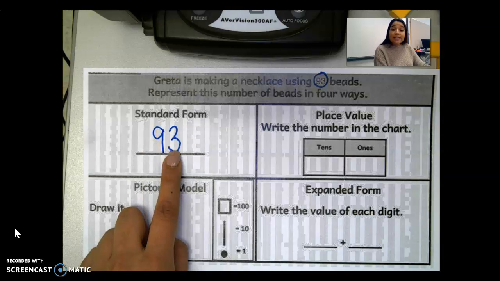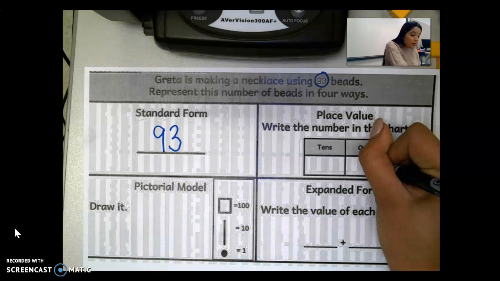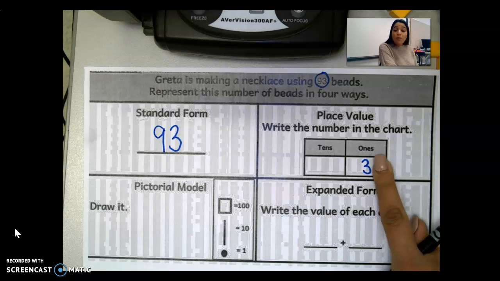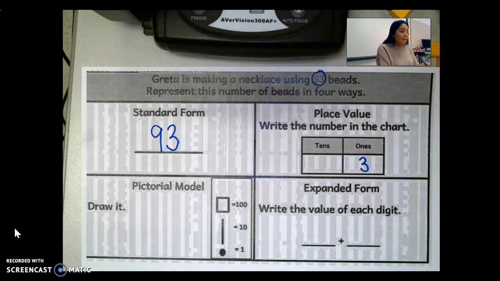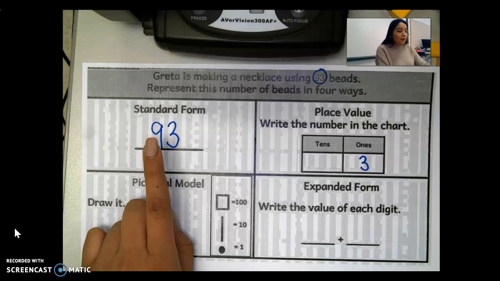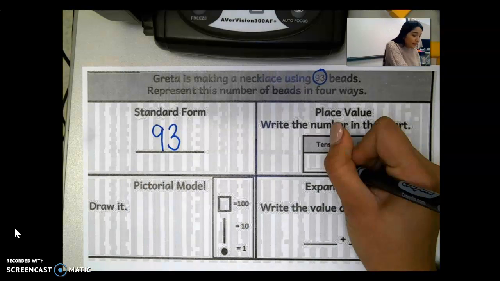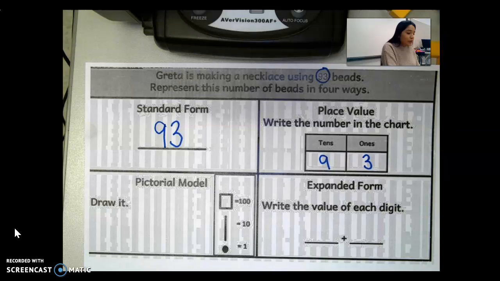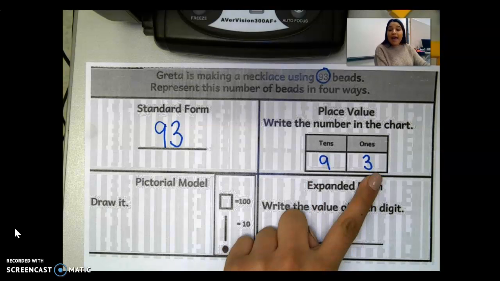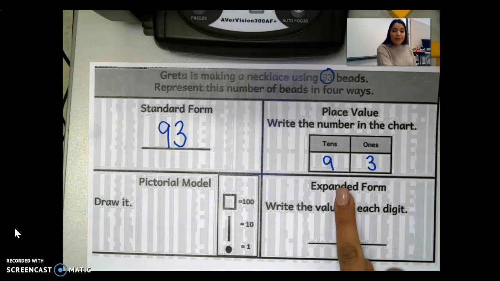So the last digit is the number 3, so I know there are 3 ones. So I'm going to put 3 under my ones column. And then 9 is the amount of tens in the number. So there are 9 tens. So I have 9 and 3. That's our place value chart.